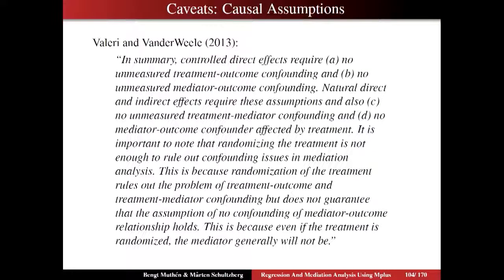This is because randomization of the treatment rules out the problem of treatment-outcome and treatment-mediator confounding, but does not guarantee that the assumption of no confounding of the mediator-outcome relationship holds. So the randomization does not help for the mediator-outcome relationship. Because treatment is randomized, the mediator is not.